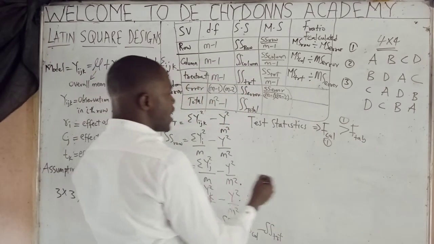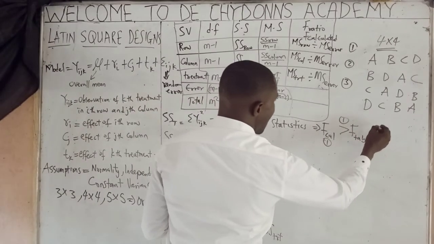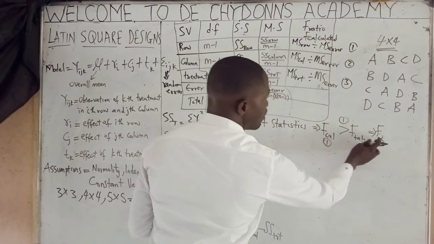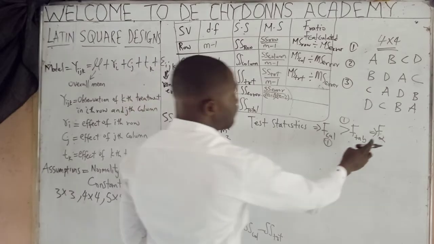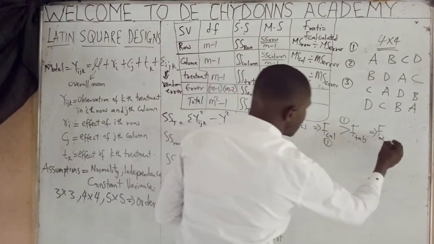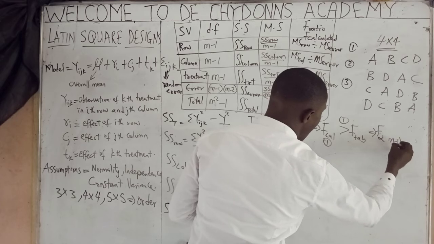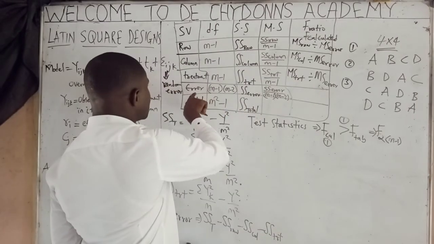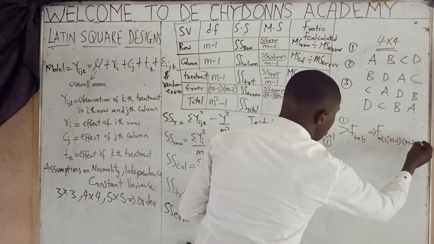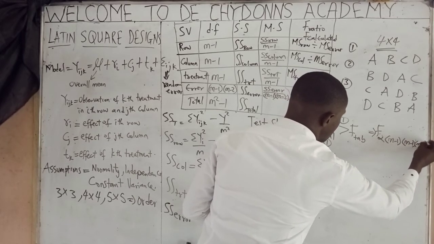How do you get your F tab? F tab here will be F alpha. They will give you your level of significance. Then what is this? M minus 1. And what is the error of it? M minus 1, M minus 2.